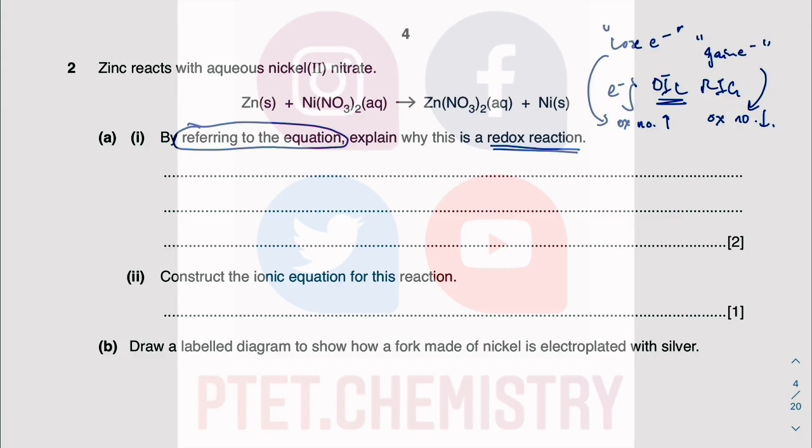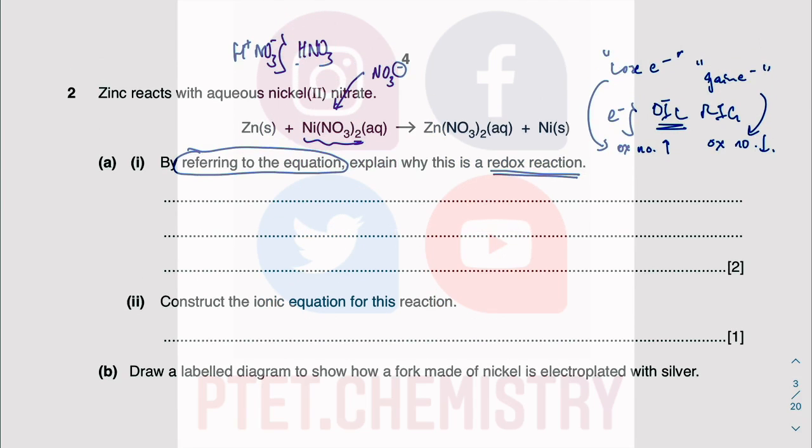So here we know that NO3 is nitrate, and nitrate is NO3 minus. As you will know, HNO3 is H plus and NO3 minus. These are your vocabulary of ions, and you have two of them. The overall compound has no charge, so the nickel must be 2 plus.